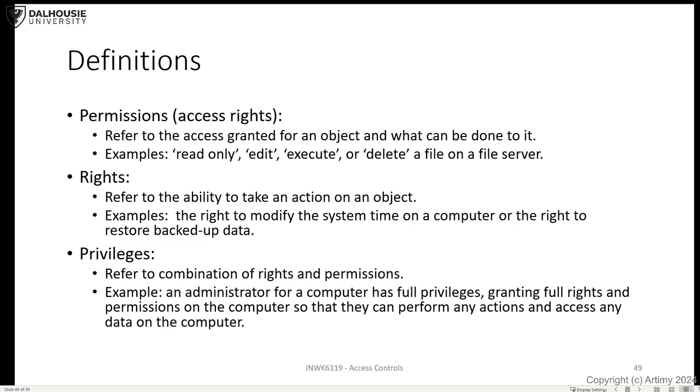So administrators have full privileges. Sometimes we call full privileges, which means that they have full rights and permissions on a computer, that they can do reading, writing, editing, deleting, executing, you name it. Not all privileges have to be full privileges, they can be limited, right? So you can have a user that has limited privileges.